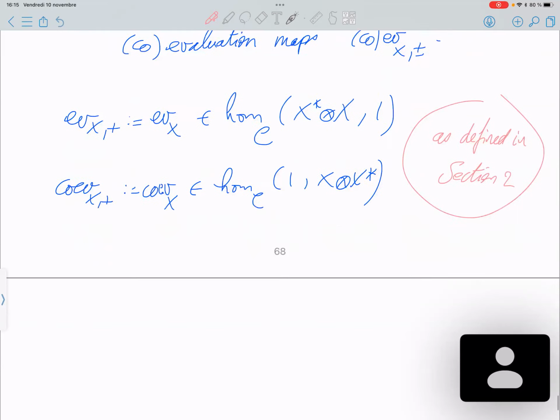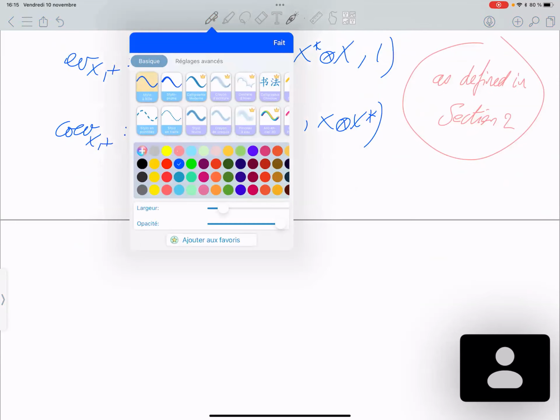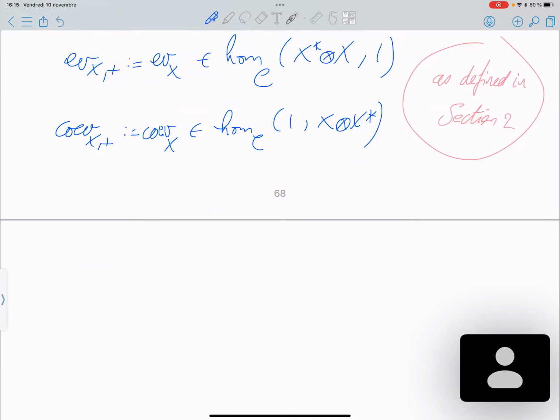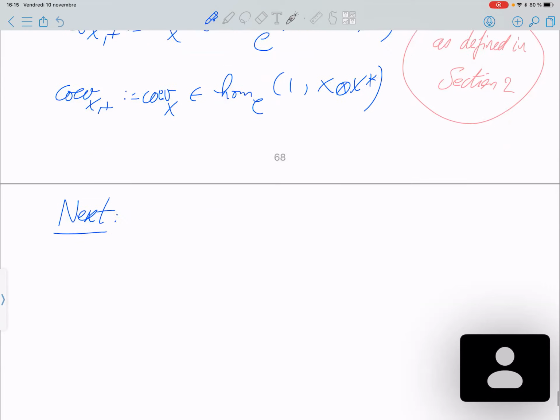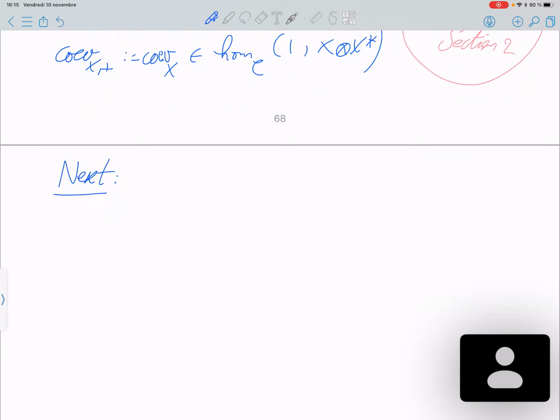Okay, now the minus version. So ev X minus will be defined as follows.